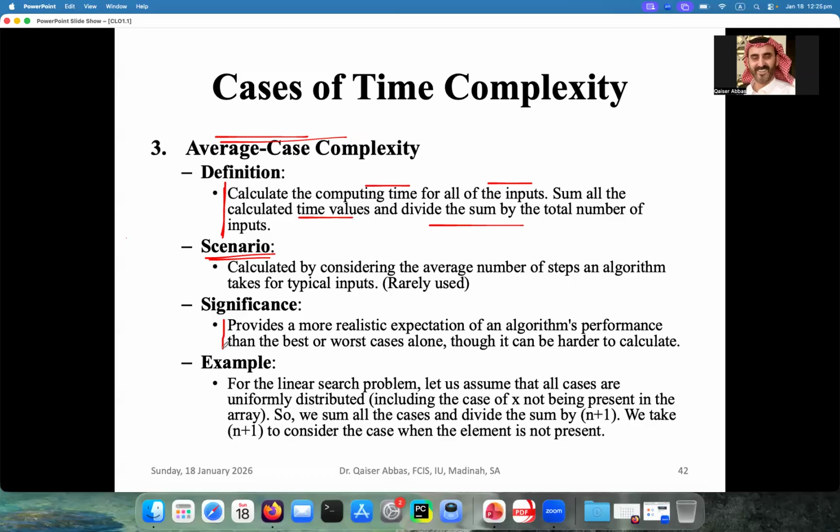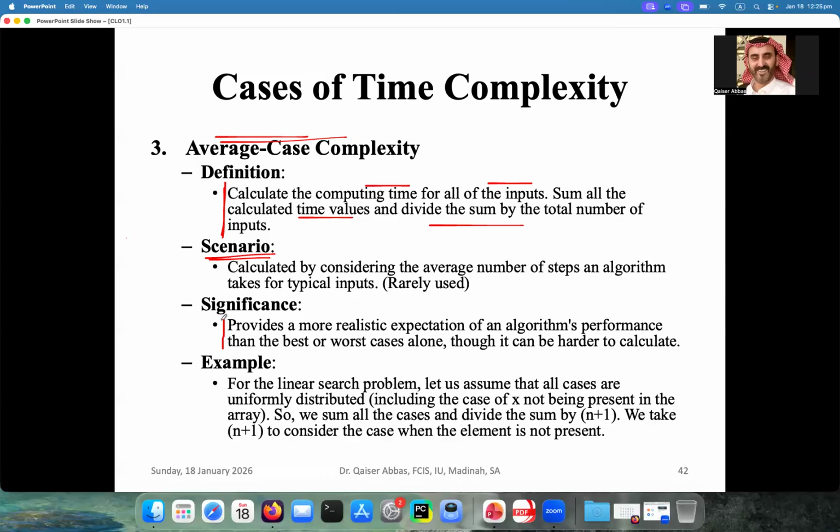For example, if the elements in the array are normally distributed and the size is 5, then we can expect that in 2 or 3 comparisons you will find the element. This is our expectation.